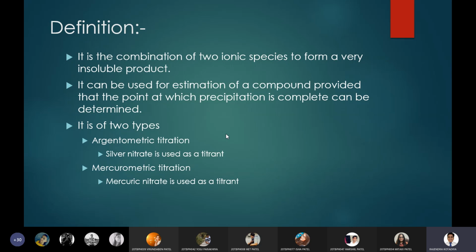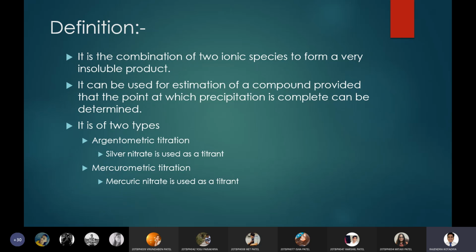Whenever in a solution you have some number of ions, based on the concentration of those ions, when you multiply those concentrations and the product is greater than its Ksp value, they tend to form a precipitate. That precipitate will be an insoluble product. We'll study that mechanism and use it in finding the endpoint.